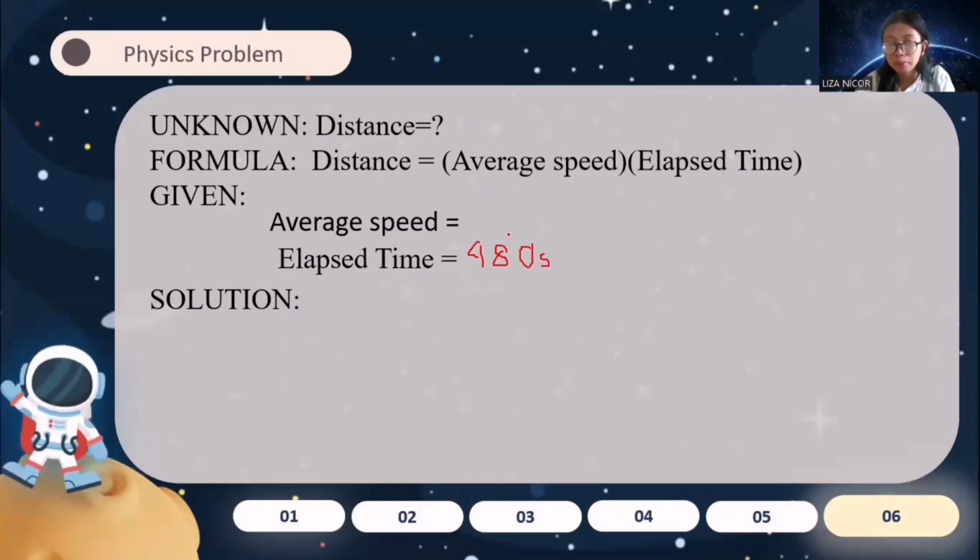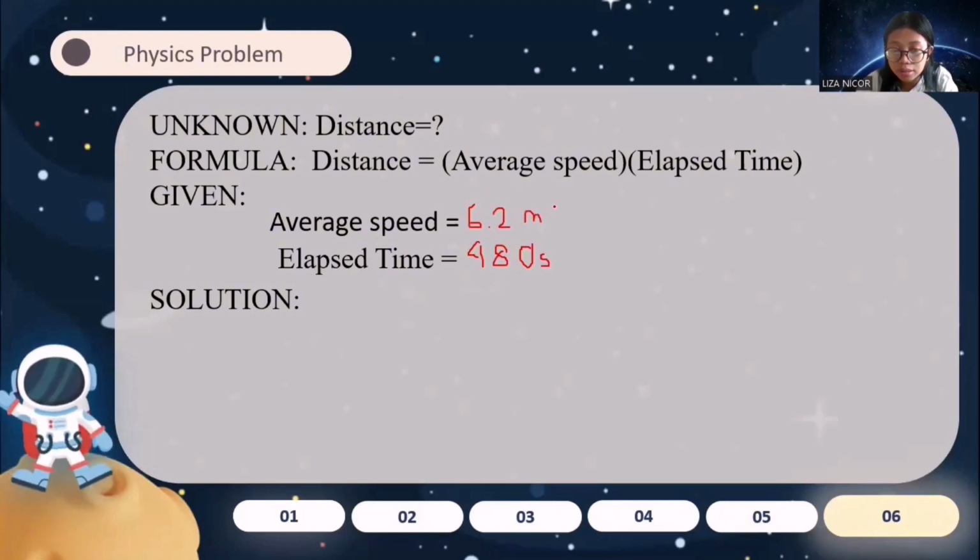For the average speed, we have 6.2 meters per second. The formula we're going to use is: distance is equal to average speed times elapsed time.